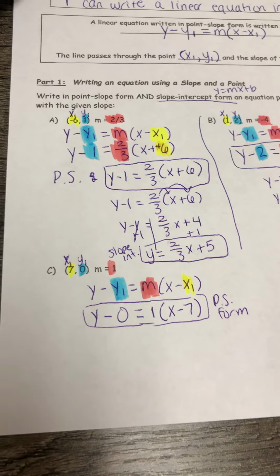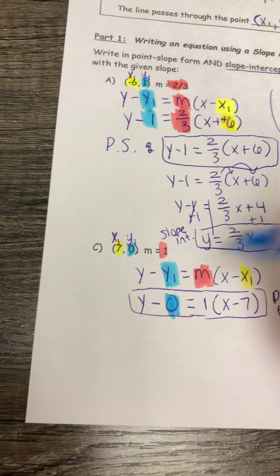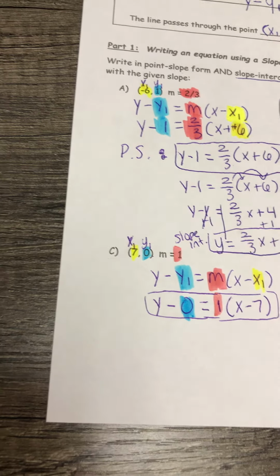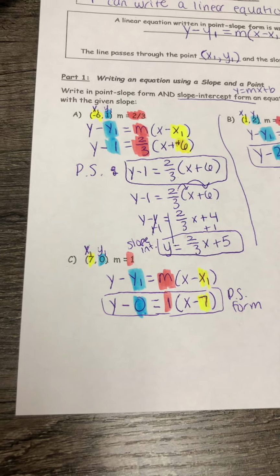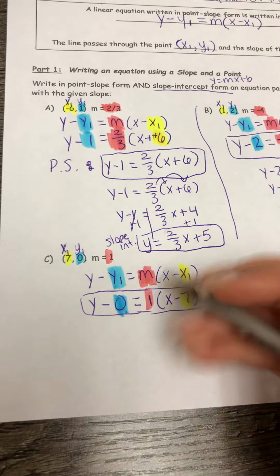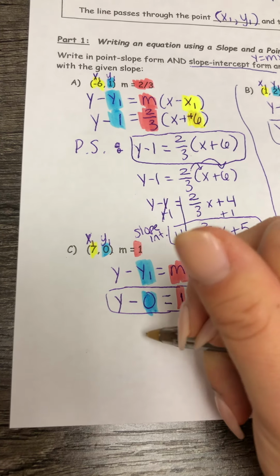Now, just like I did in the last two problems, I do need to simplify this further. I am going to highlight again just so you can see where they went. Okay, I'm going to need to distribute on the other side.